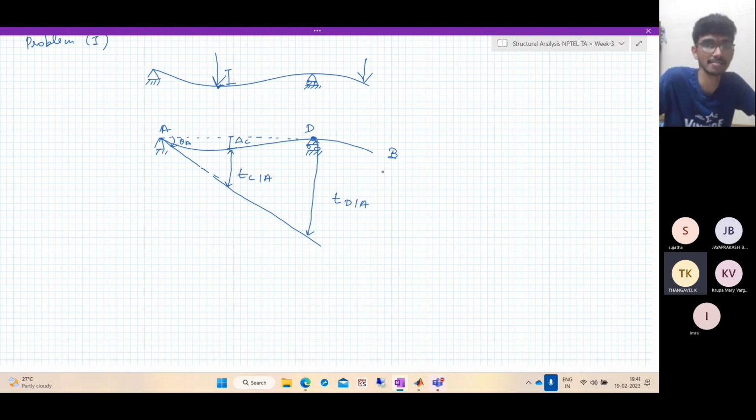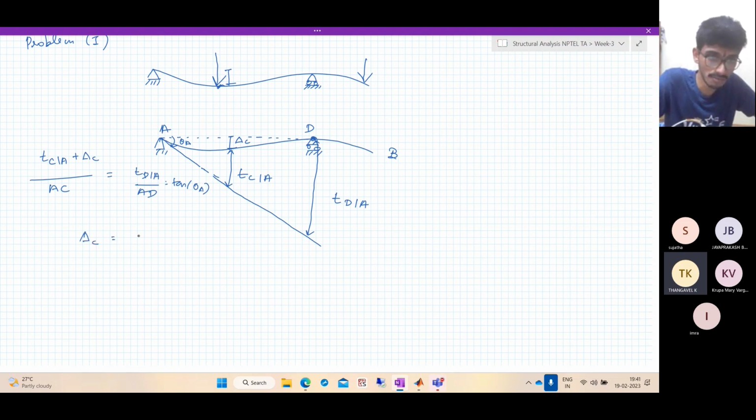Again, using similar triangles, we get TC with respect to A plus delta C by AC is equal to TD with respect to A by AD, because the angle theta A is equal to tan theta A, of course. So again, what do we get?